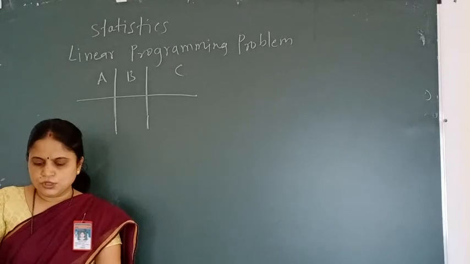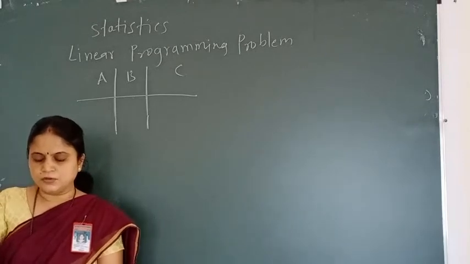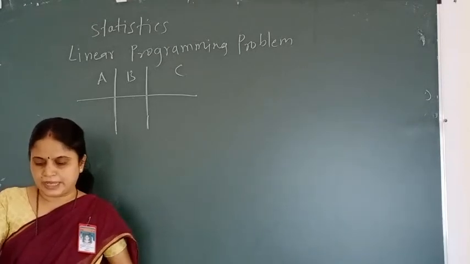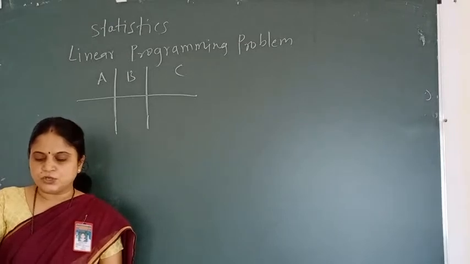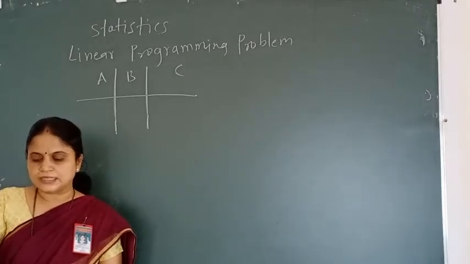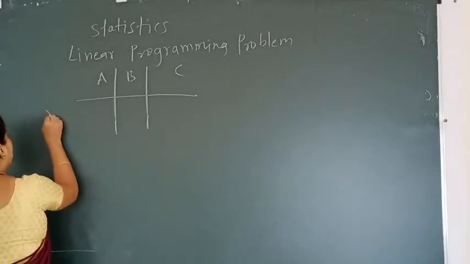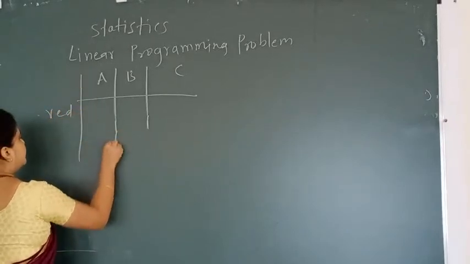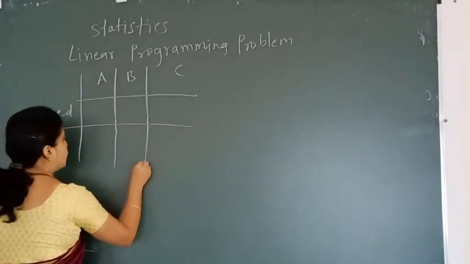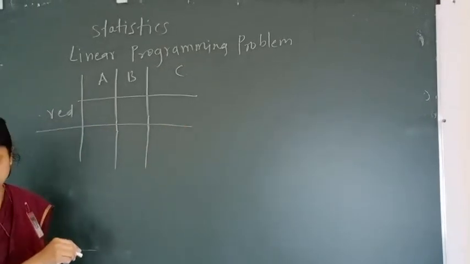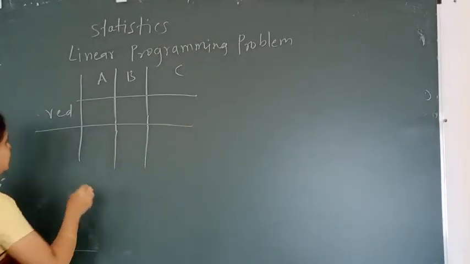One unit length of type A cloth needs 2 yards of red wool and 3 yards of blue wool. So I have 3 types of wool, the colors red, green and blue.